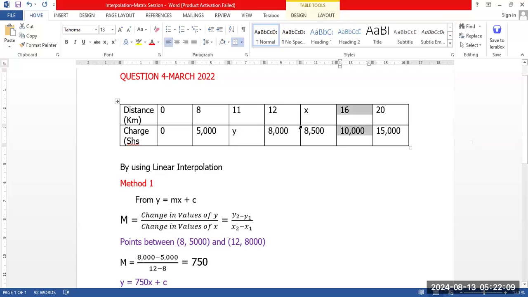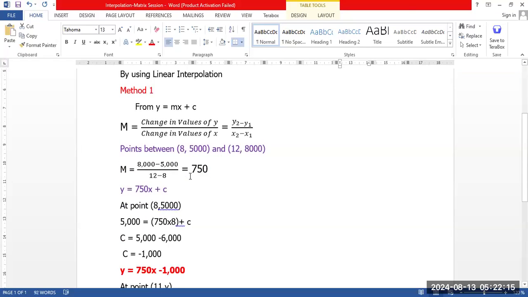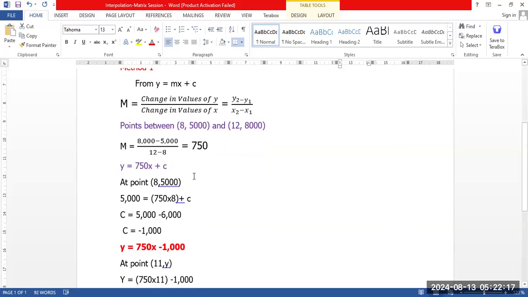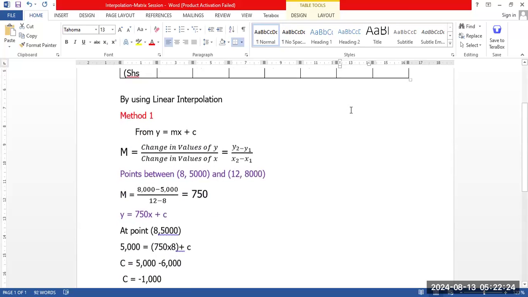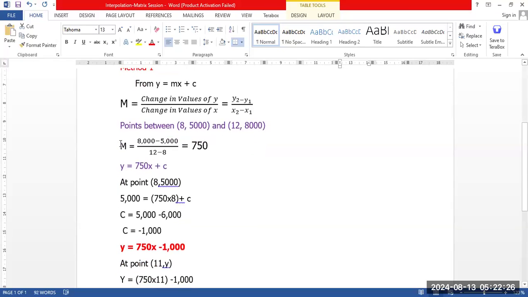You get change in the values of Y divided by change in the values of X. Once you get your gradient, choose any point to get your constant. Remember, once we get the gradient, the next step is to get C.